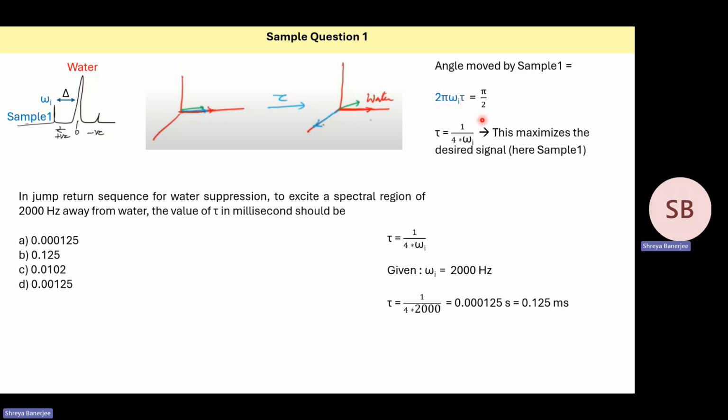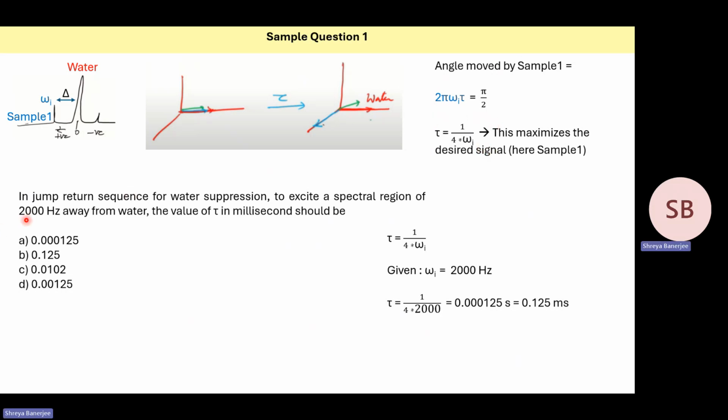And if this angle is 90°, that is pi by 2, that will give you the maximum signal, because 90° will bring the angle from y to x, and your detector is along x, so the detector will capture the whole signal and the intensity will be maximum. So in time tau, the angle moved is 2 pi omega tau. If it is pi by 2, then your intensity will be maximum. So if you rearrange this, tau will be 1 by 4 omega I.